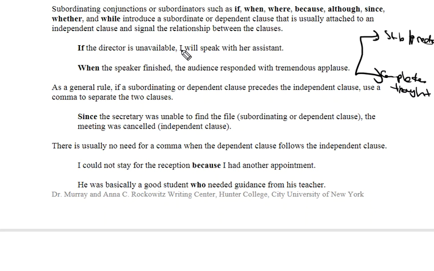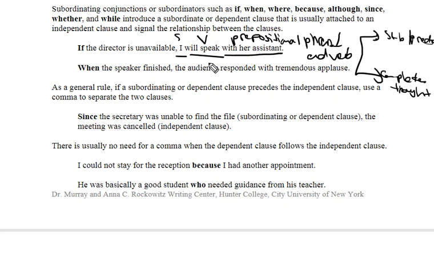Here, after the comma, we don't have if, when, because, although, since. We have I will speak with her assistant. I is the subject, will speak the verb. With her assistant is extra. We call it a prepositional phrase, and it works as an adverb.